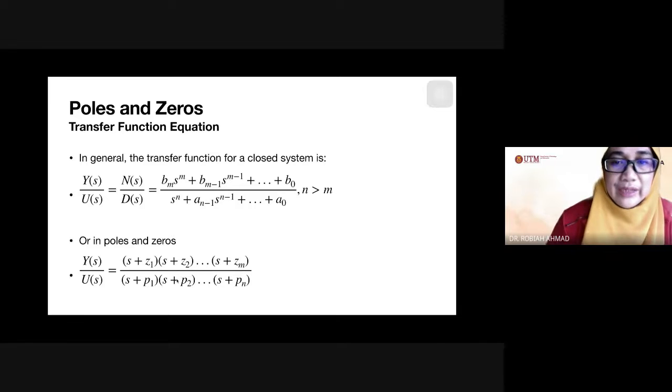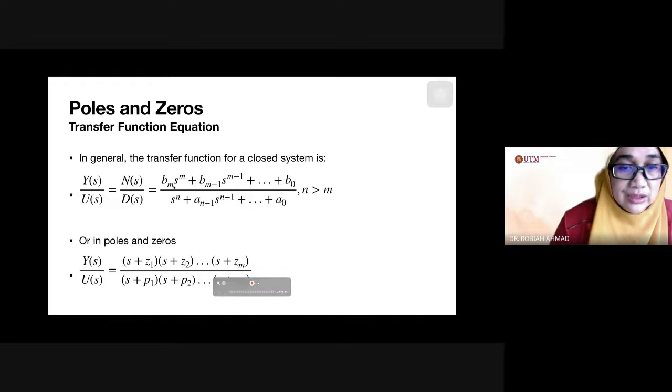When you derive the equation for that system, you will come up with a transfer function represented by Y over U, the output over the input, which is numerator over denominator. The numerator is b_m s^m plus b_(m-1) s^(m-1) plus triple dot plus b_0, and the denominator is s^n plus a_(n-1) s^(n-1) plus triple dot plus a_0.